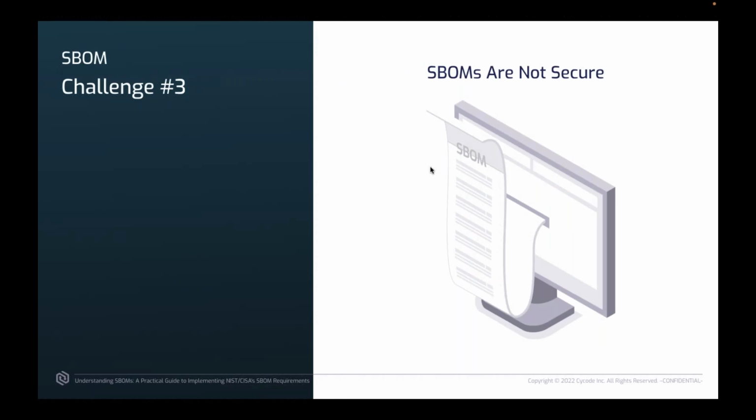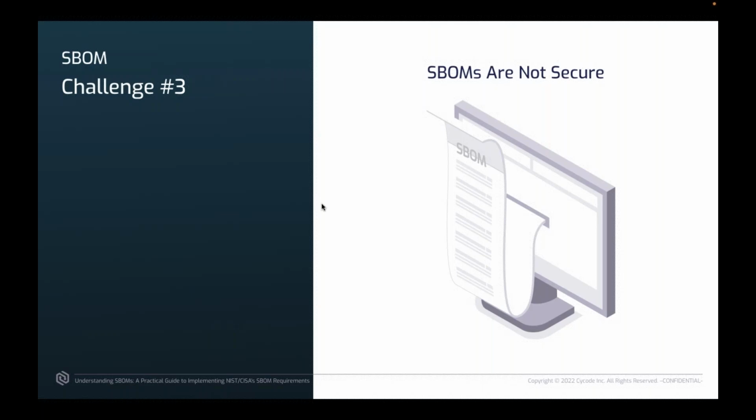The third challenge that we have here is that SBOMs are not inherently secure. As I pointed out earlier, they're very much human readable. And in the case of a dependency confusion attack, where a malicious actor is uploading a new package with malicious code in it, they could easily alter an SBOM to show the version with the malicious code, right, because they're generally not secure.